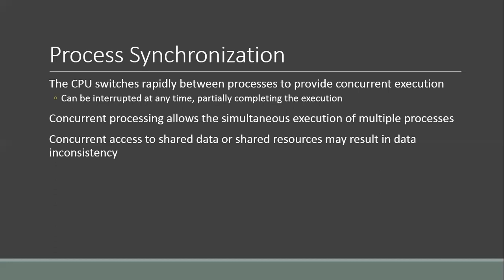For example, if a process has been interrupted while it was updating shared data, this may leave the data in some invalid state. So the other processes that access the same shared data may read some invalid value.